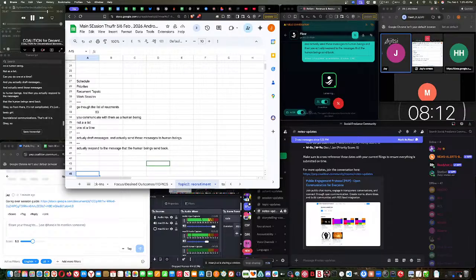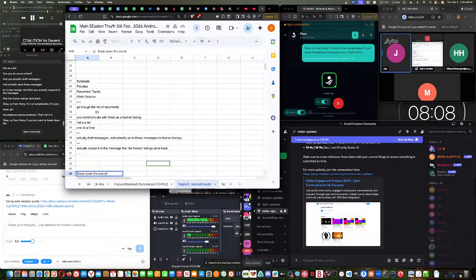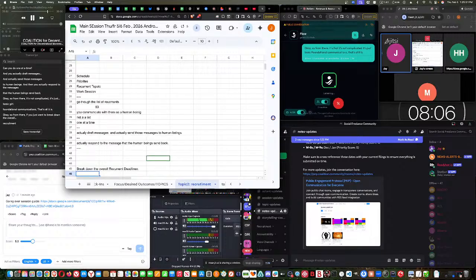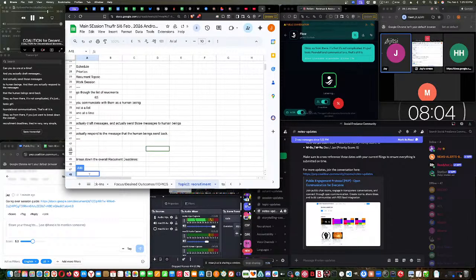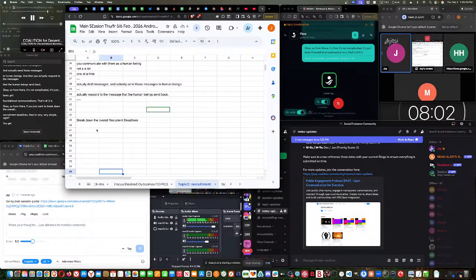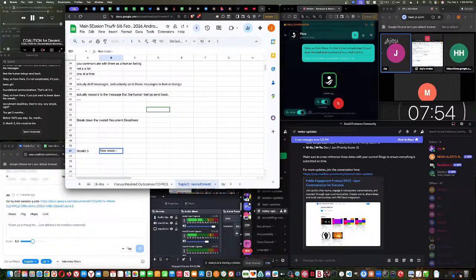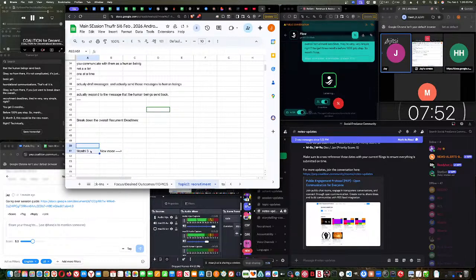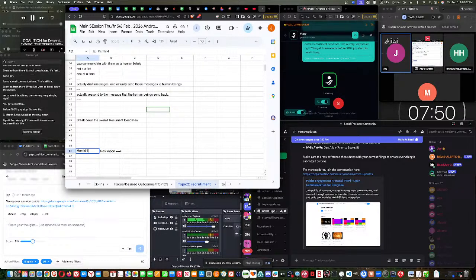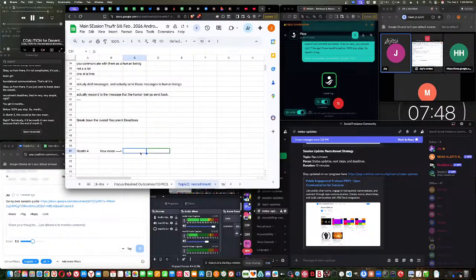So if we just want to break down the overall recruitment deadlines, they're very, very simple, right? You get 3 months before 100% pay stop. So month 3, this would be the new moon. Technically, it would be month 4 new moon because that's the end of month 3 of the quarter.